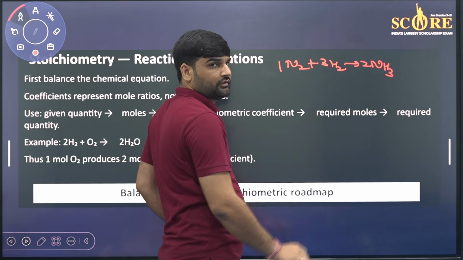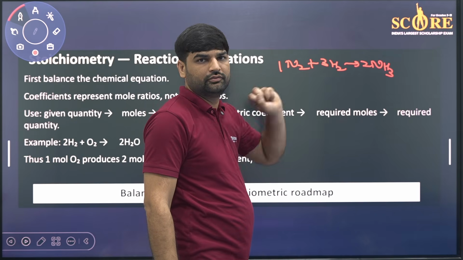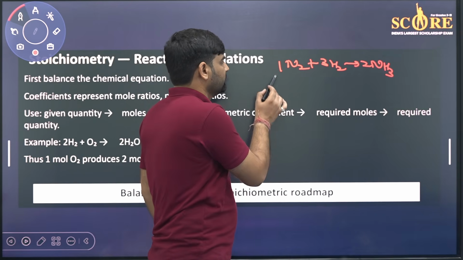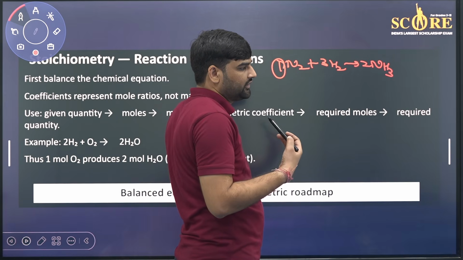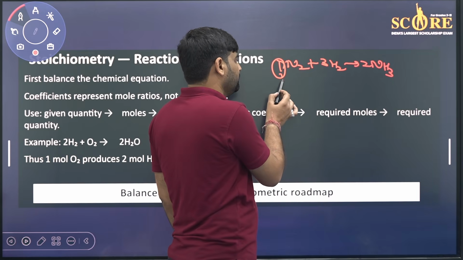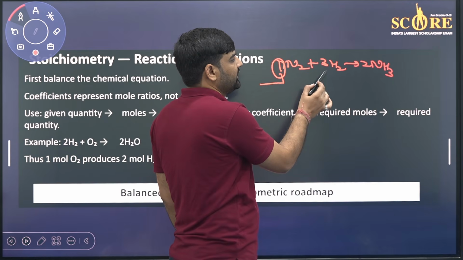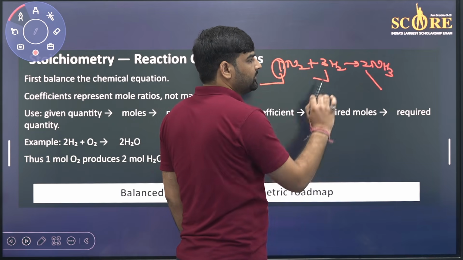What are the stoichiometric coefficients? 1, 3, 2. So how do we read the reaction by stoichiometric coefficients? We read it as 1 mole of N2 will react with 3 moles of H2 and form 2 moles of ammonia.